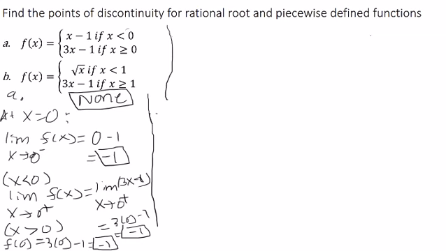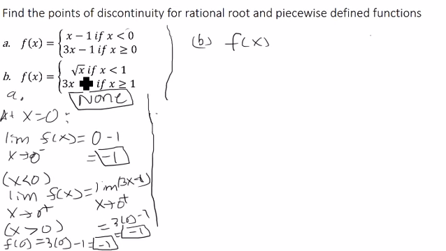Alright, back to the second problem here. So we have f of x with the two branches. The first branch is square root of x for x less than 1, and the second branch is 3x minus 1 for x greater than 1.